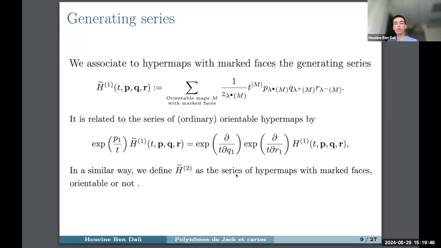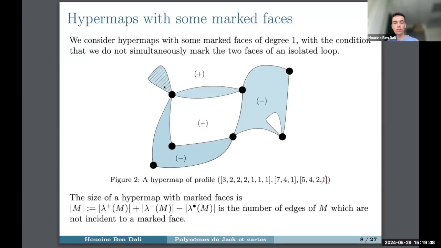No, because if you imagine here, for example, that we have marked this minus face and this plus face, what we will do is we lose one here and we will lose one here. So it's still not equal to the size of the degree partition. The vertex partition. Exactly. Okay, so lambda plus and lambda minus have the same size, but they do not have the same size as lambda. Yeah. Okay. Great. Thank you.